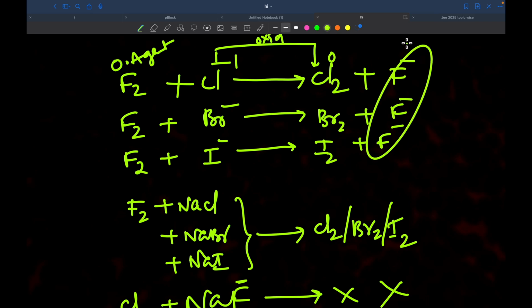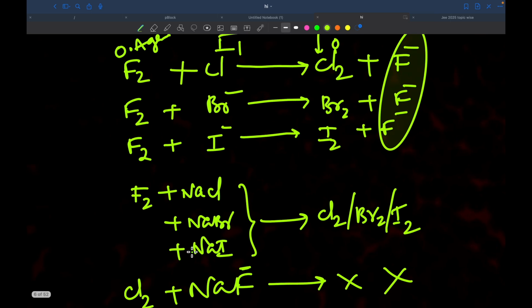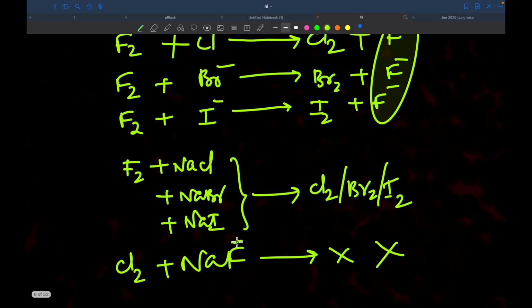Already fluorine is in -1 oxidation state. Why would it let chlorine oxidize it? To oxidize F minus, chlorine must be a stronger oxidizer than fluorine, but it is a weak oxidizer, therefore this reaction is no reaction.